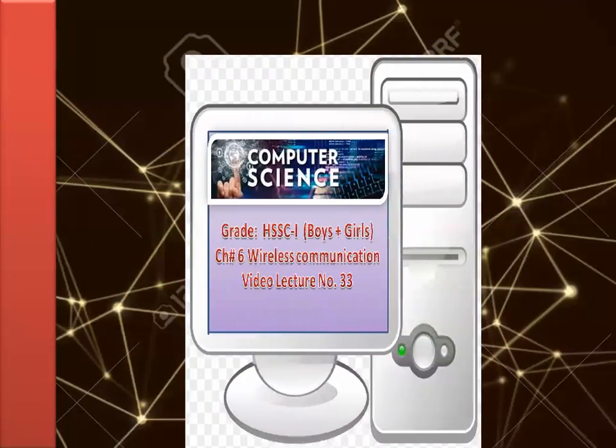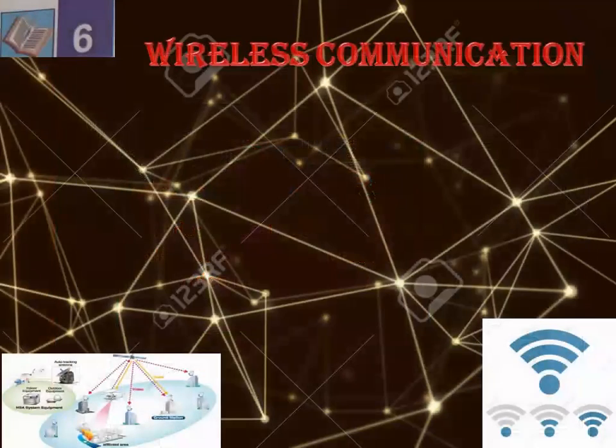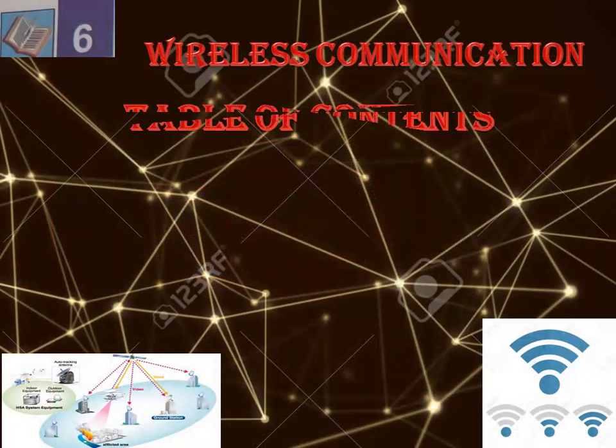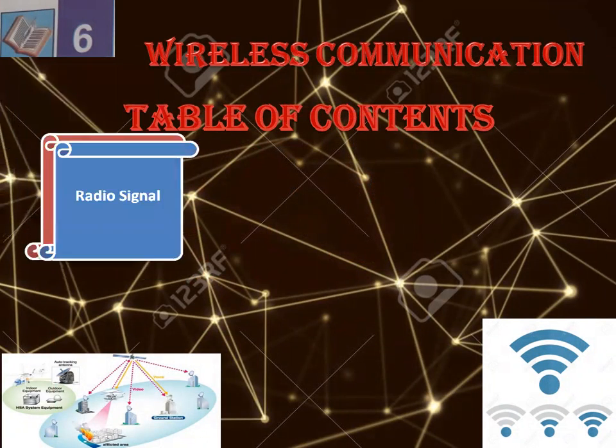Dear students, this lecture is for grade first year and this is our 23rd video lecture. We are on chapter number 6, wireless communication. Subject is computer science, and today we are going to start wireless network terminology.